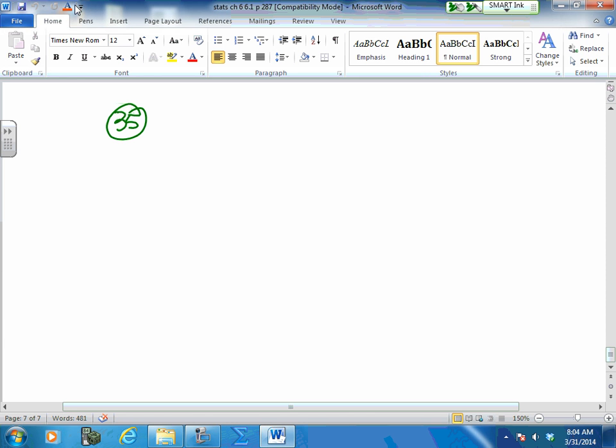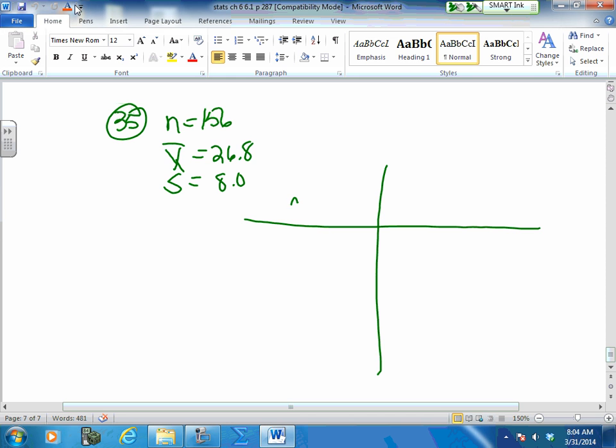So, how many is in your sample? 156. What is their sample mean? 26.8. What is their sample standard deviation? 8.0. Okay, so we got all the information that we need. We need to construct a 90 and a 95% confidence interval.